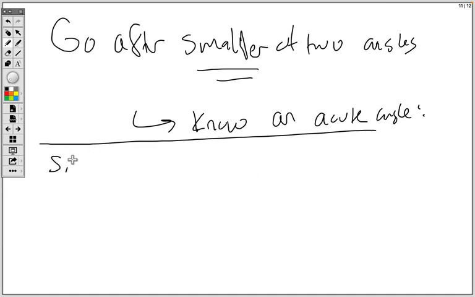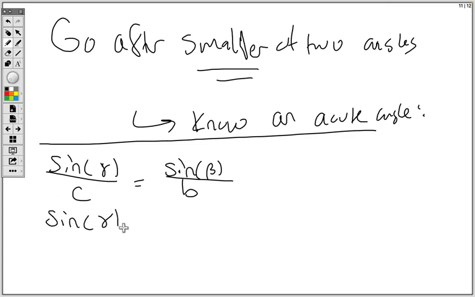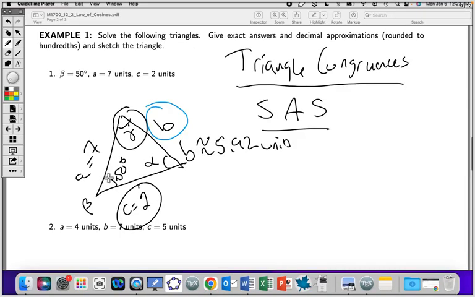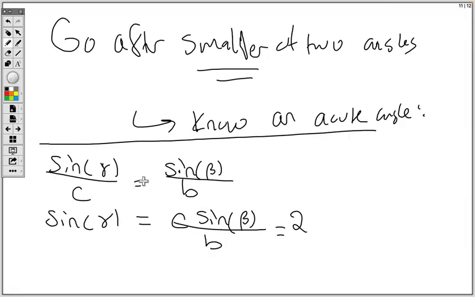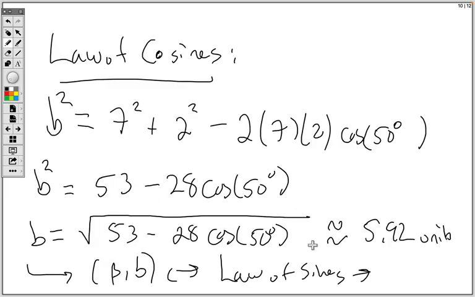So the sine of gamma over c is going to be equal to the sine of beta over b. So the sine of gamma is c times the sine of beta over b. C is 2. The sine of beta would be the sine of 50 degrees. And then b is what we calculated here.